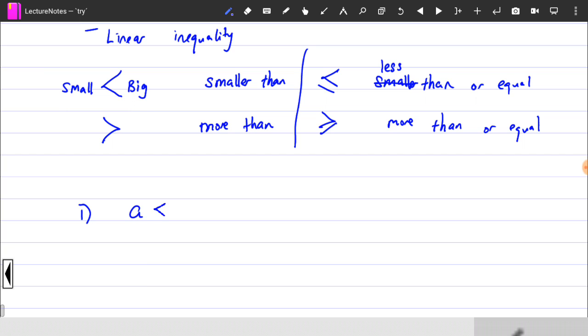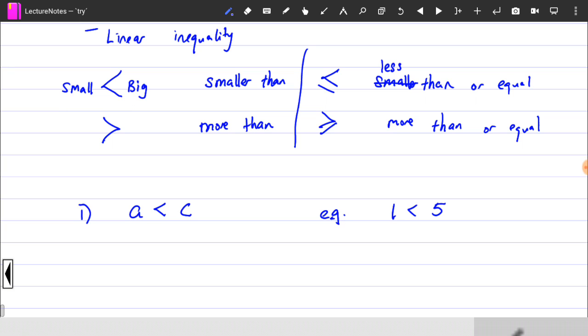Now A like that, C. A is what? Smaller than C. So when I say smaller than C, can you give me an example? 1 is less than 2. Okay.